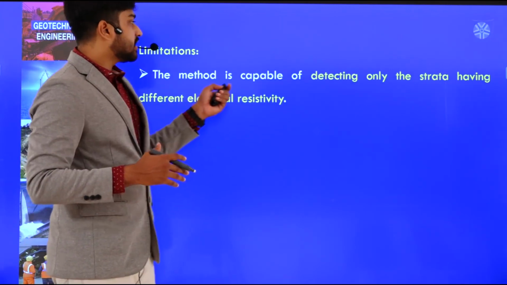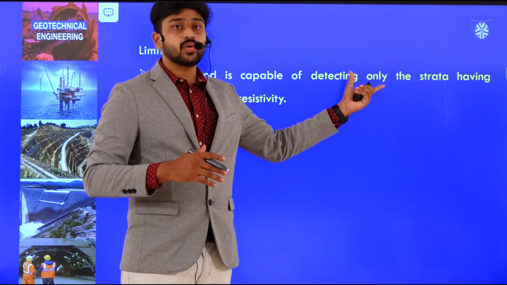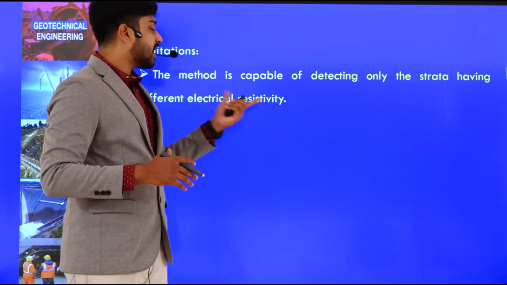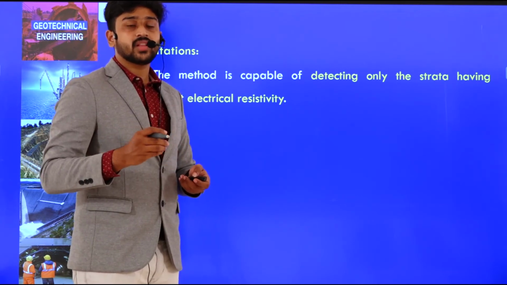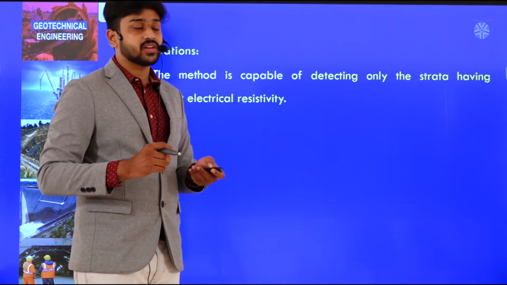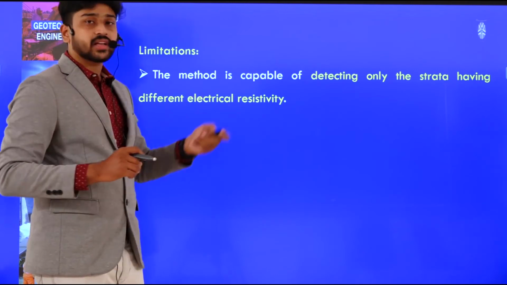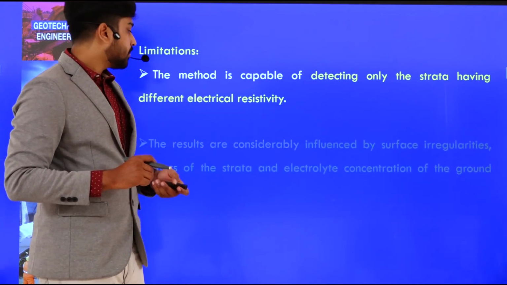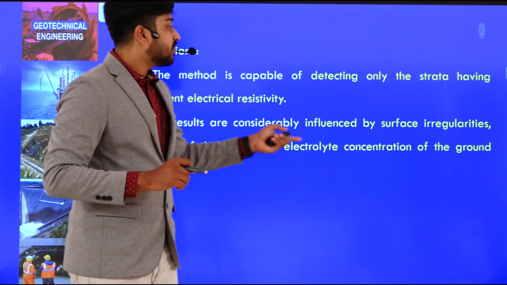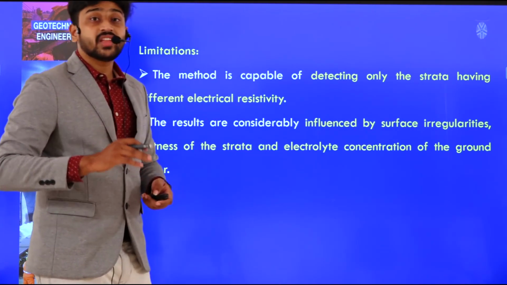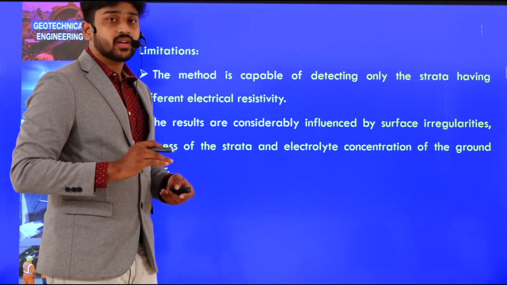In general, this is capable of detecting only strata having different electrical resistivity. If there is the same type of soil but with some intermediate layer in between, then it is very difficult. Furthermore, the results are considerably influenced by surface irregularities, which may affect the recorded readings.